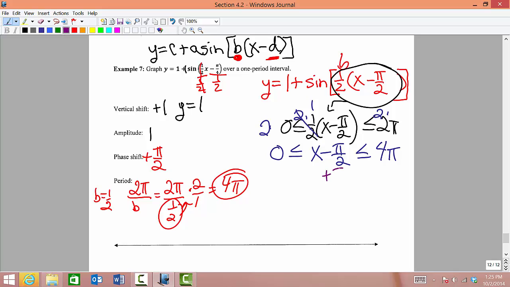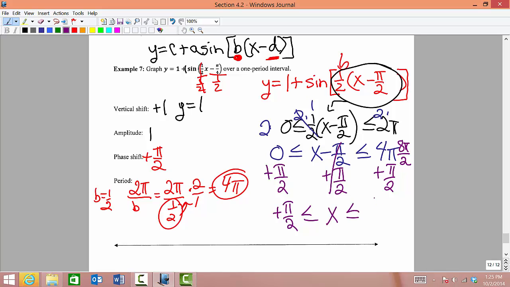And then add pi over 2 to all three parts. So our graph will start at pi over 2. And the x value that we will end with, we have to give this the common denominator, multiply top and bottom by 2. 8 pi over 2 plus pi over 2 would be 9 pi over 2.